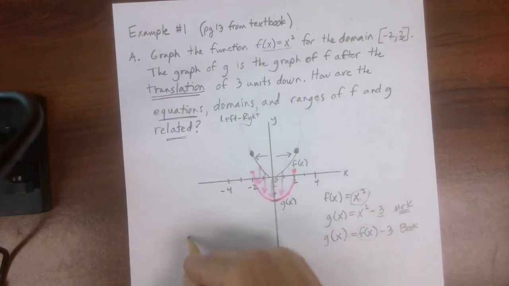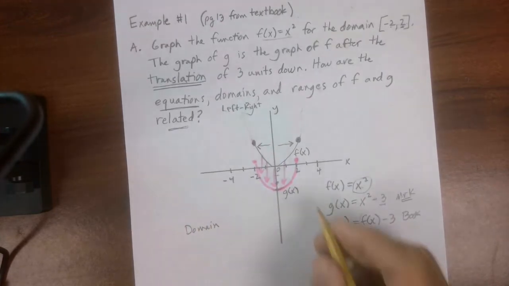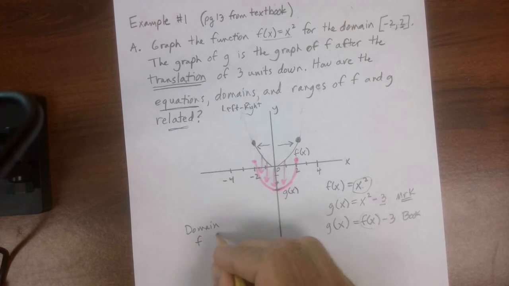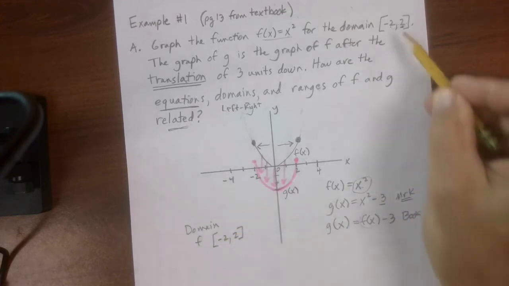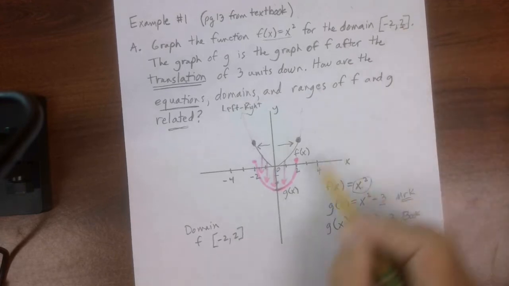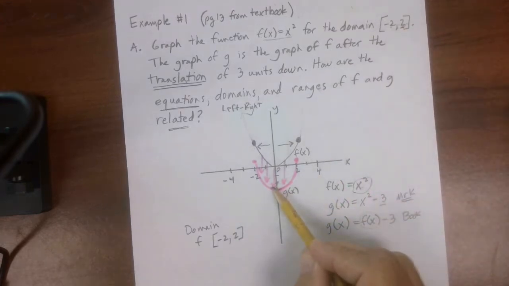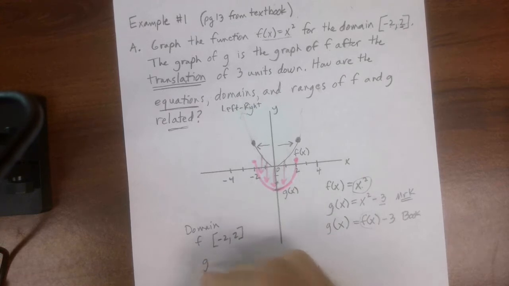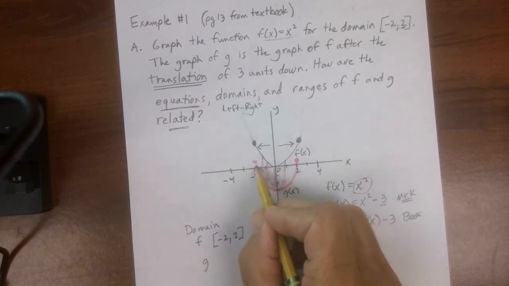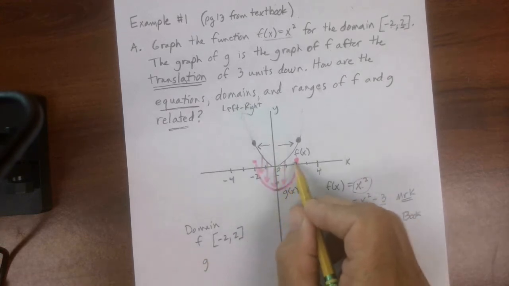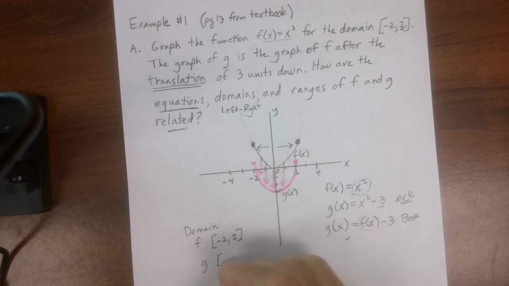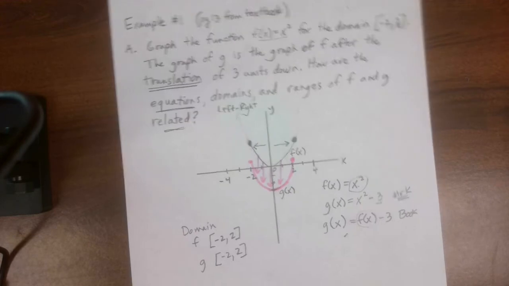So the domain portion of f, we already talked about, it's -2 to 2. They told us to stay in that domain. But did the domain change for the pink one? It did not, because that still left -2, still right +2. So that did not change. No change in the domain.